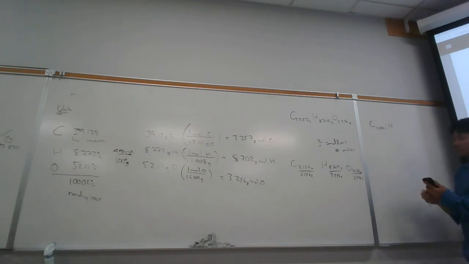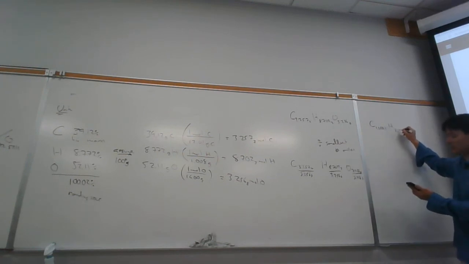Okay, hydrogen is going to be 8.7023 divided by 3.2568. Hydrogen comes out to 2.6720.